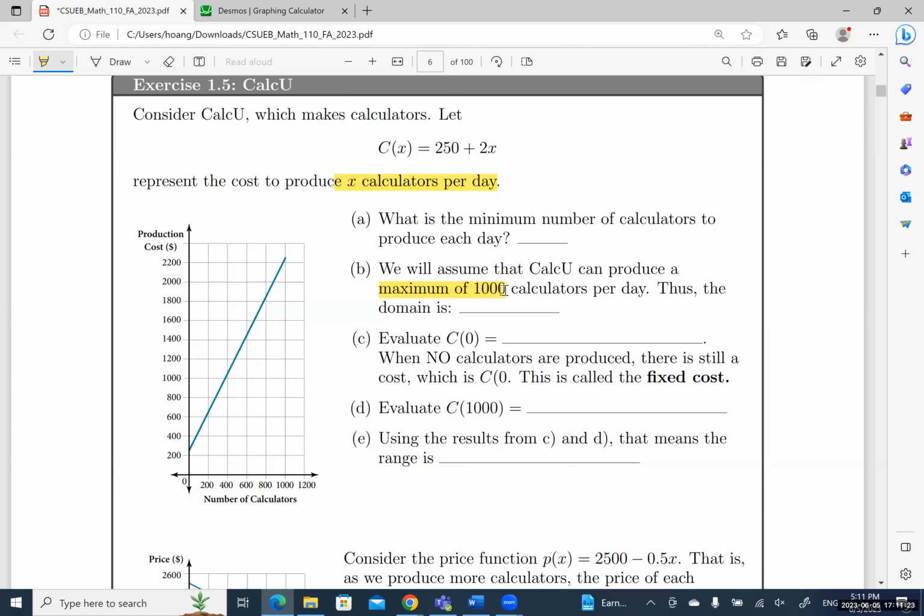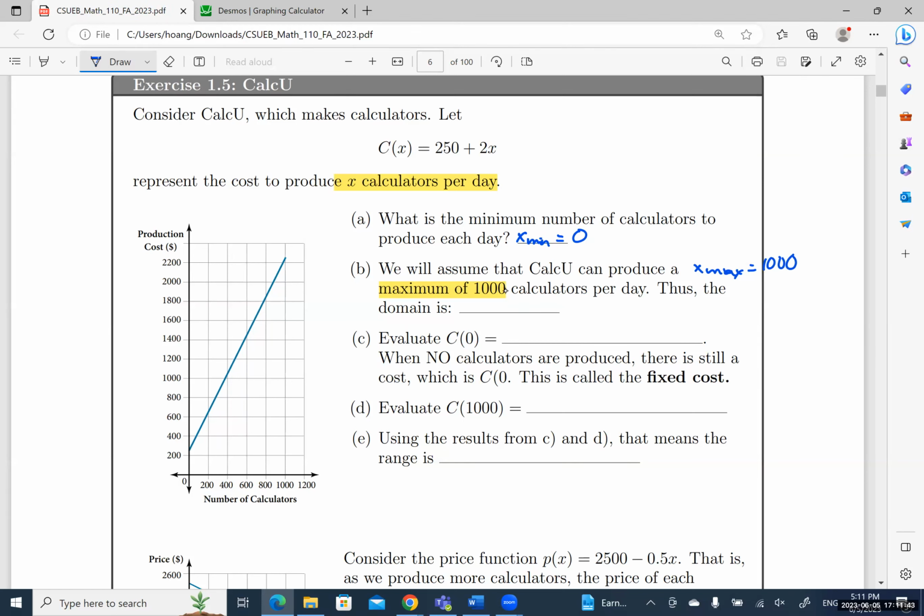And so then I will put this X min as 0, and from here I have X max equal to 1,000.